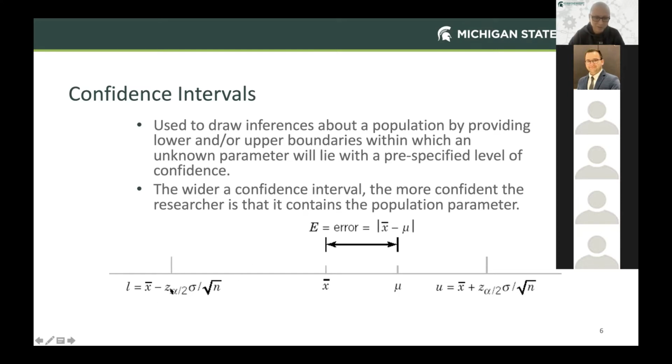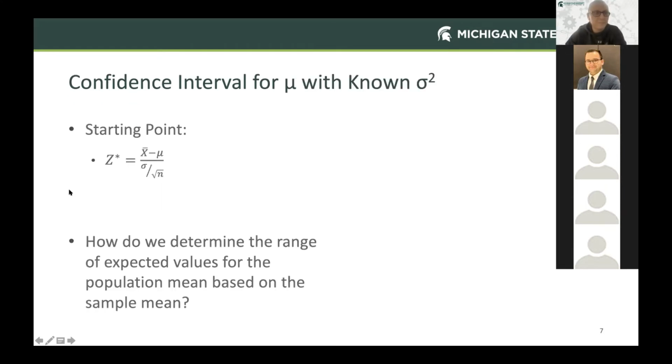So you'll notice we've got a critical Z value, we have the numerator from our Z statistic, we have the denominator from our Z statistic in the case of a one sample test of means with known variance. This is how we're approaching things conceptually: we're trying to construct limits that would capture the true population parameter, if the null is true, some percentage of the time, with that percentage of the time that it's captured being our confidence level, okay?